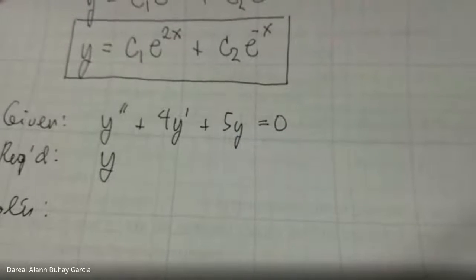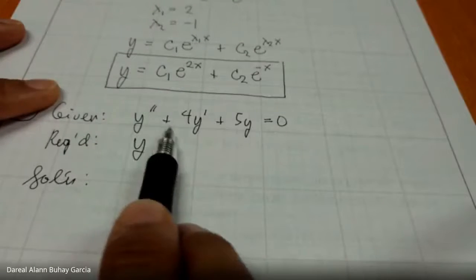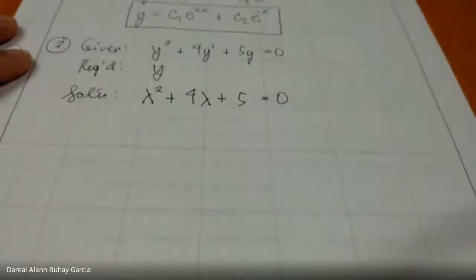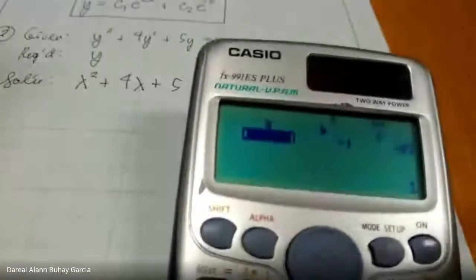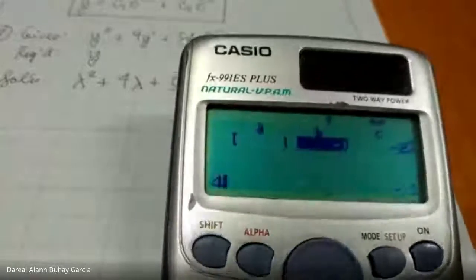Required: y solution. Y double prime plus 4y prime plus 5y is equal to 0. So lambda squared plus 4 lambda plus 5. The coefficients are 1, 4, 5.